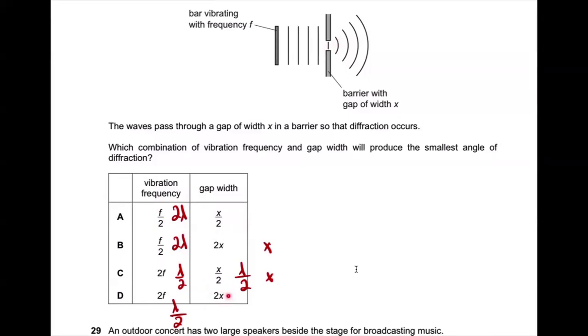But if you have a very, very large gap width, this is going to lead to almost no diffraction whatsoever. That's why D is the answer. So do remember that, as opposed to a very small gap width, a very large gap width reduces diffraction more than a very small gap.